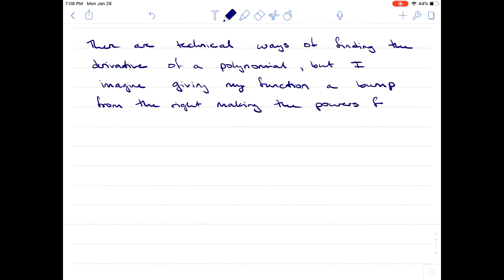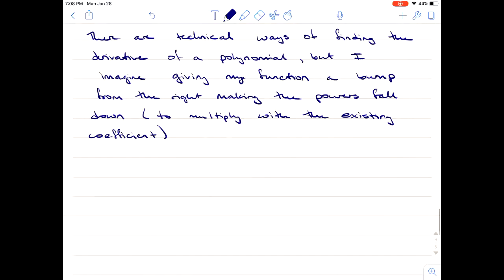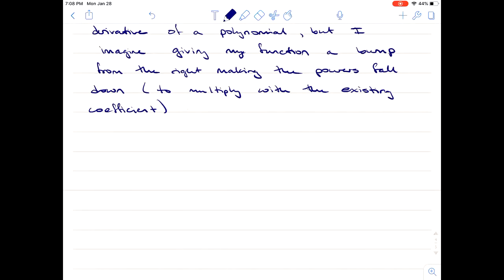As they fall down, they're going to multiply with the existing coefficient and decrease the powers by 1.